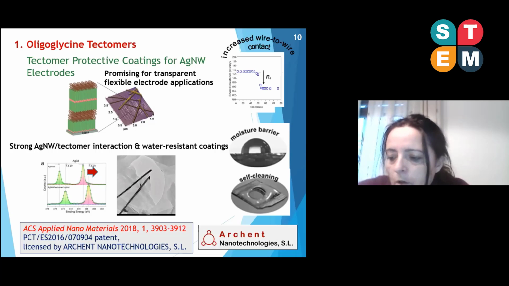Moreover, these tectomer coatings provide enhanced electrode hydrophobicity and protect silver nanowires against oxidation and degradation when exposed to atmospheric conditions. Thus, these materials are promising for transparent, flexible electrode applications. Our results led to a patent, which was licensed by the company Untitled Nanotechnologies.